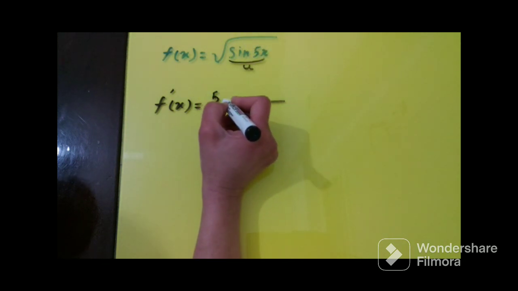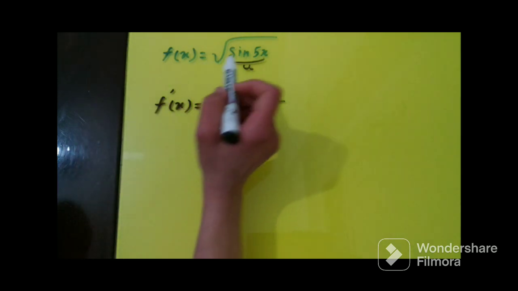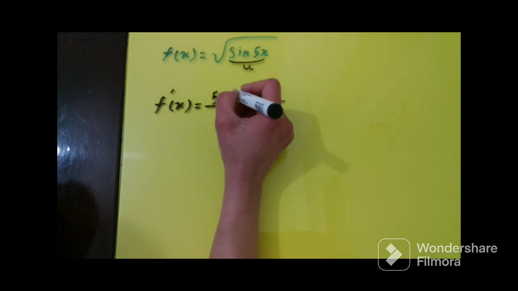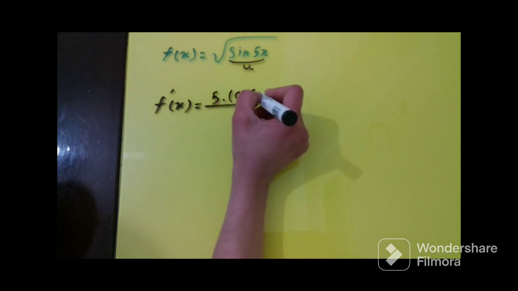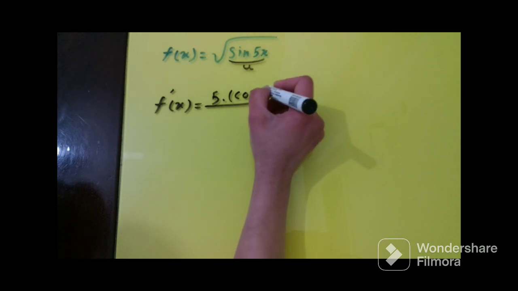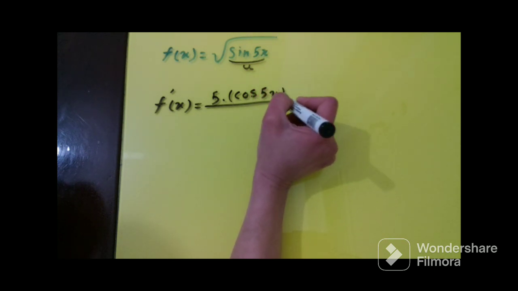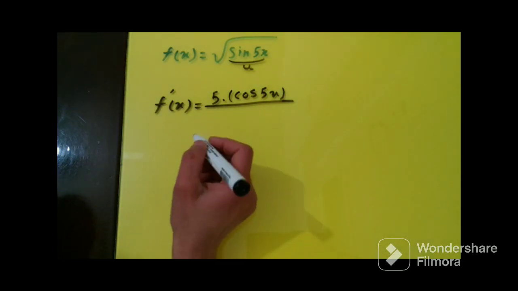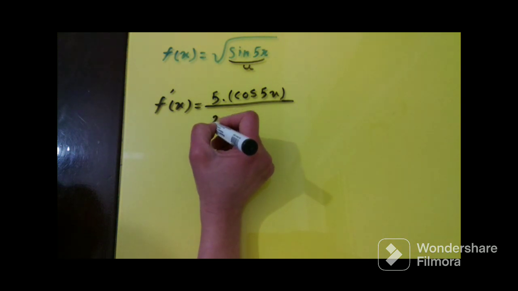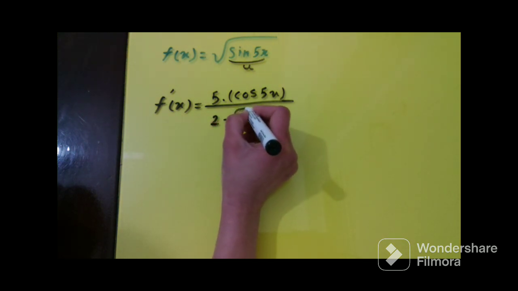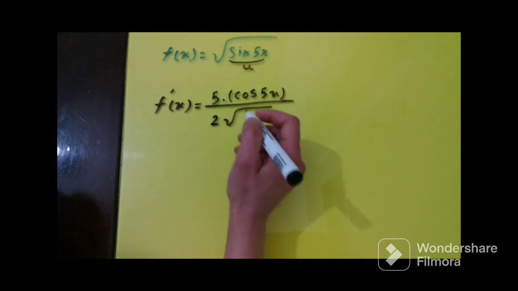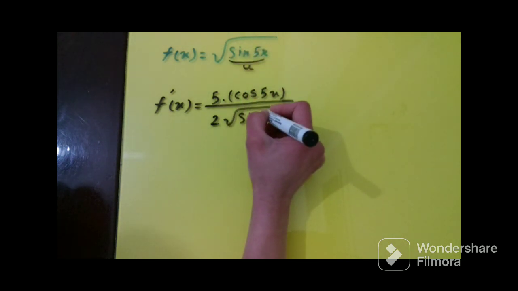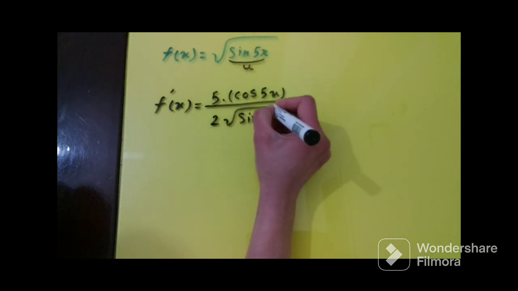It's 5 times, no, you should get the derivative of sine. The derivative of sine is cosine. Five x. For down, according to the rule, you should write 2 square root of u, sine 5x.